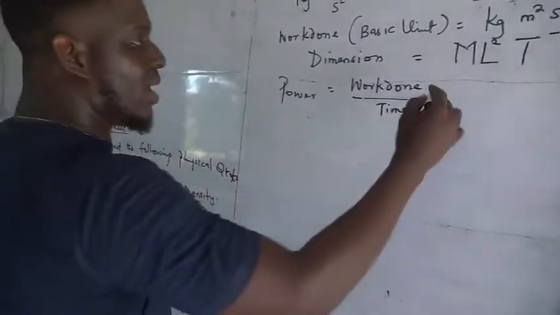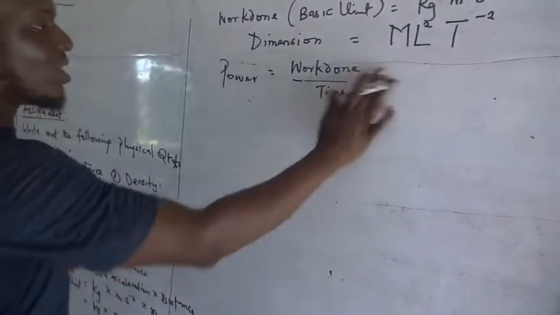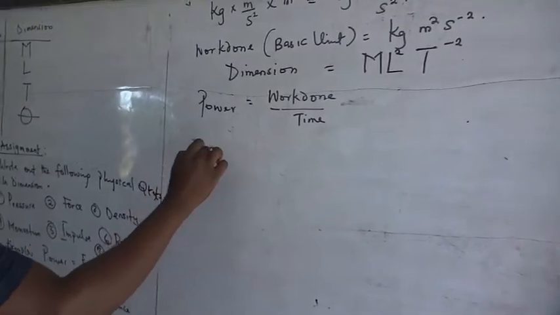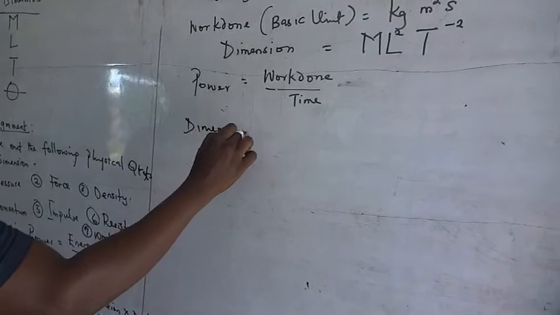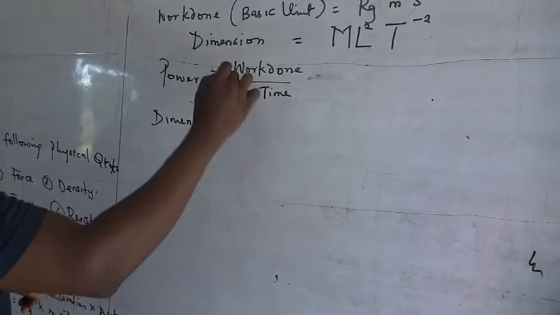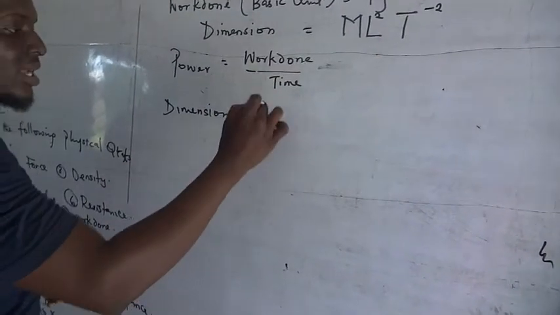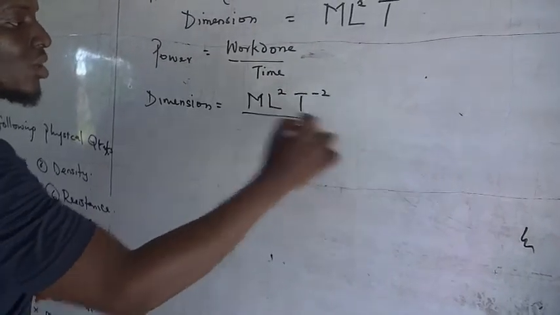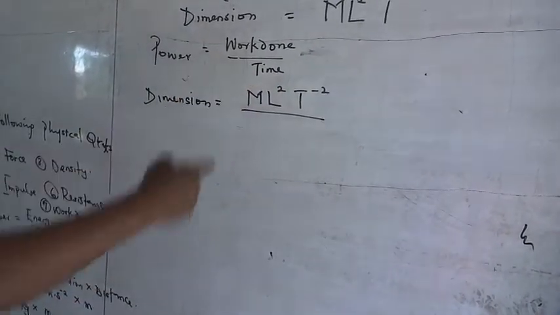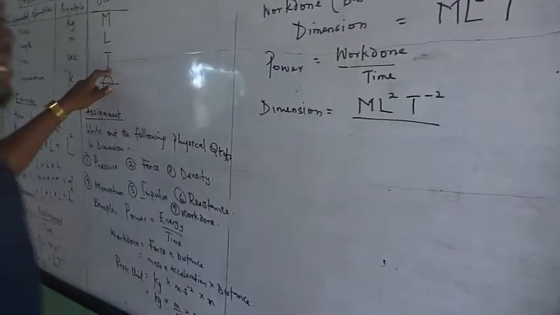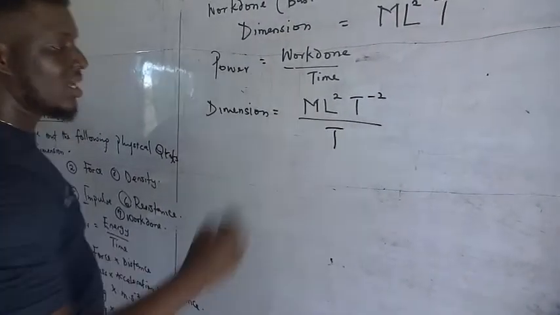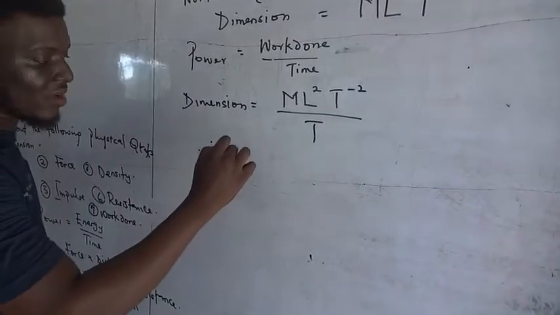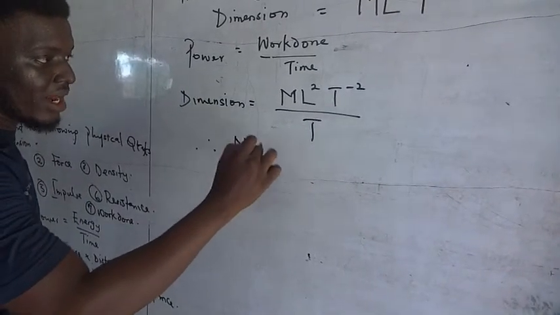So now let us go back. What's the dimension for power? What's our work done? We have M L squared T minus 2. And our time is capital letter T. So therefore, I can simplify this by saying M L squared.